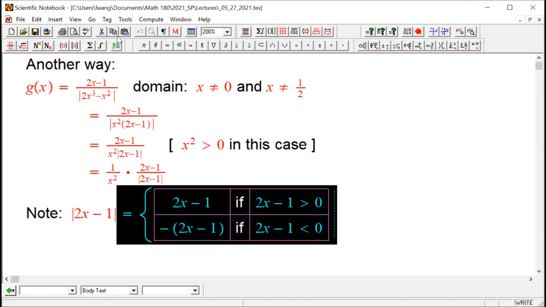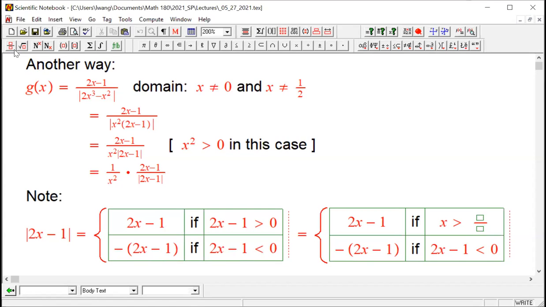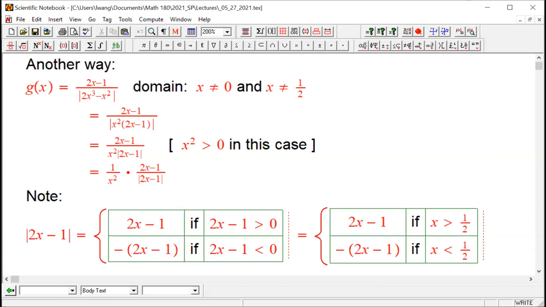So I'm going to put it on the same row. X is larger than half. And that is x is smaller than half. So we have that in place.